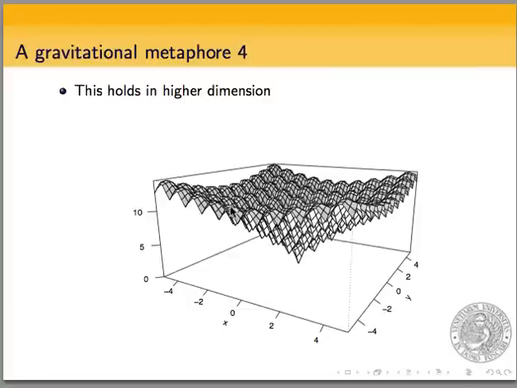For example, here you have plenty of local minimizers, and if you put a ball here, you are going to roll down to reach the closest local minimizer, and of course this is possibly going to be very far from the true optimum.